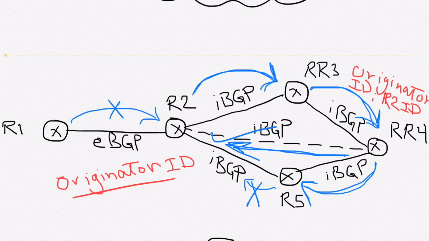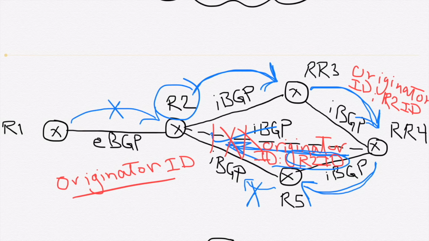RR4 as a second route reflector would not change the originator ID. Therefore, when RR4 reflects again the iBGP update coming originally from R2, it will send this iBGP update with the originator ID as the R2 ID.